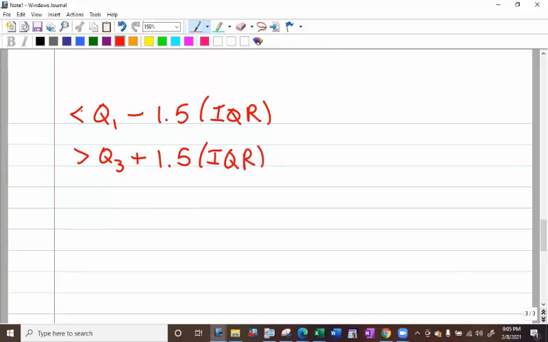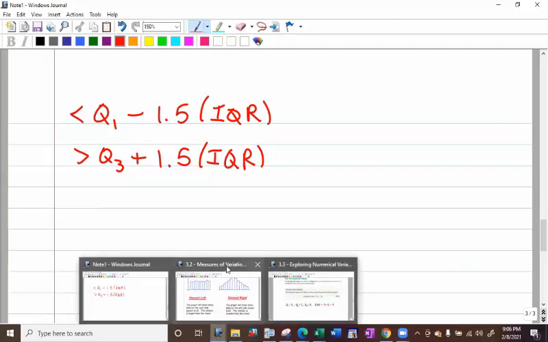So any number less than the first expression is an outlier, and any number greater than the second expression is an outlier. But I'm not going to ask that, so it doesn't really matter. That's where the IQR comes into play, as another way to help identify outliers. Other than that it seems kind of pointless, but the good news is it's an easy calculation.